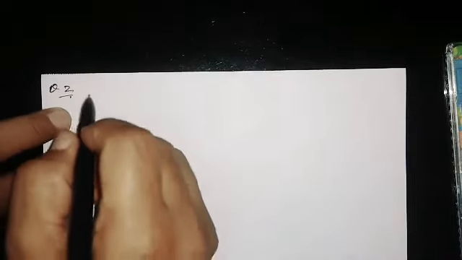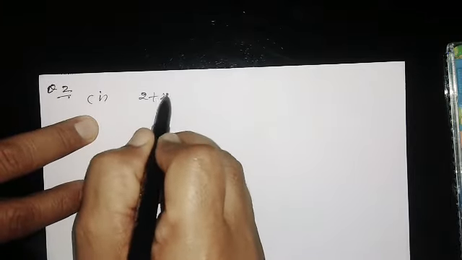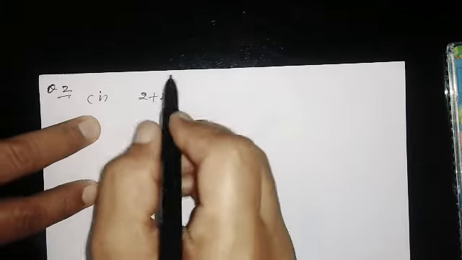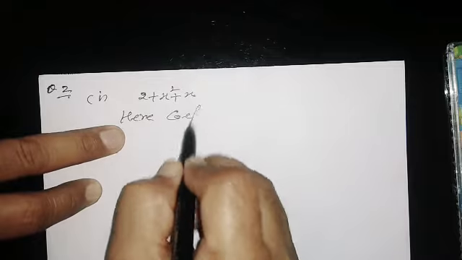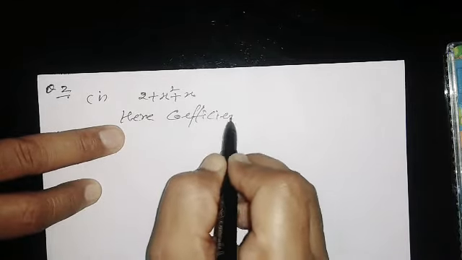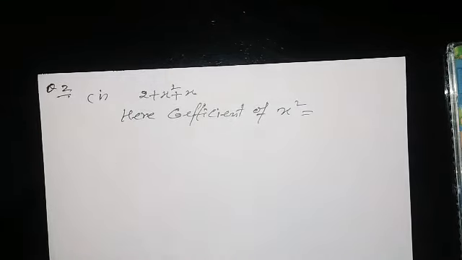Now come to question number 2. Write the coefficient of x square in the expression. The expression is 2 + x^2 + x. Here we have to find the coefficient of x square.